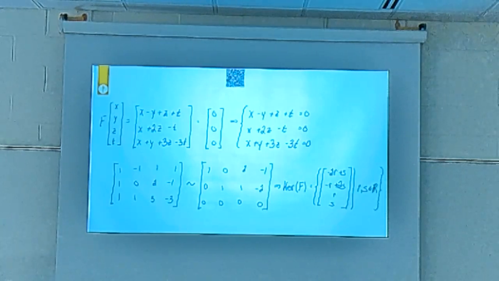That's your kernel. It's the set of all four vectors that look like that.